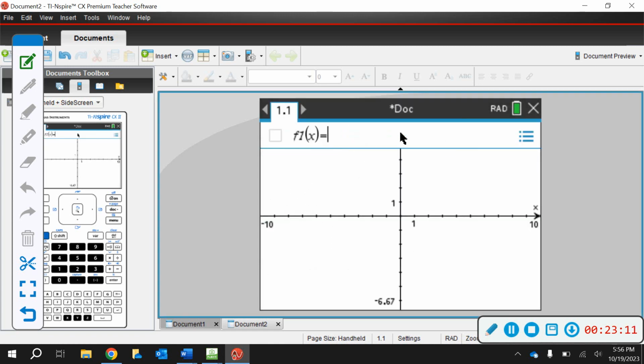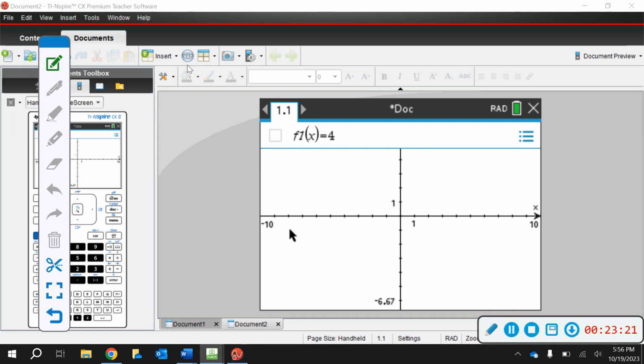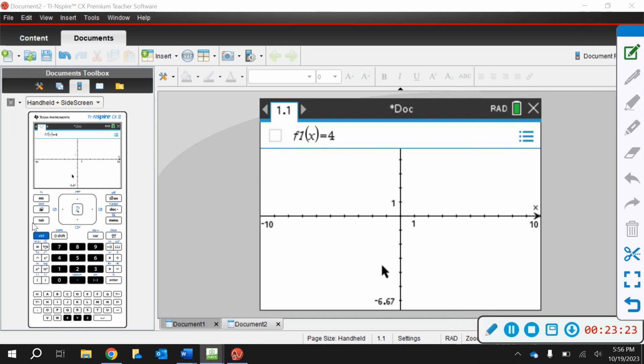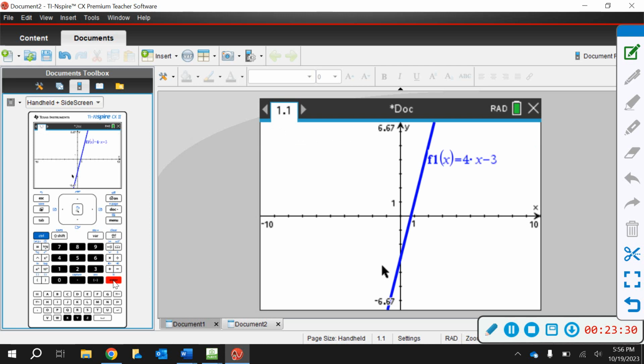So I'm going to go to graph, and I'm going to put in y equals 4x minus 3. I'm going to do 4, and then x is down here at the bottom, and then minus 3, and press enter. Now that is what my line should look like.